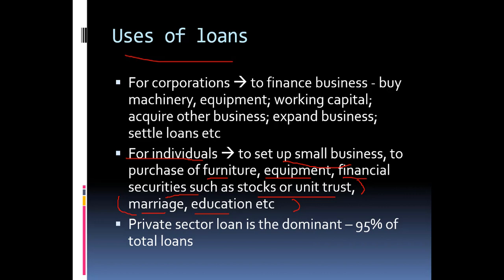Sama ada untuk company or business, dia gunakan untuk kegunaan bisnes ataupun sebagai kewangan syarikat, seperti untuk pembelian material, machine and so on. And for individuals, it is for their personal purpose. And then the private sector loan is dominant, which is 95% of total loans compared to the public sector.